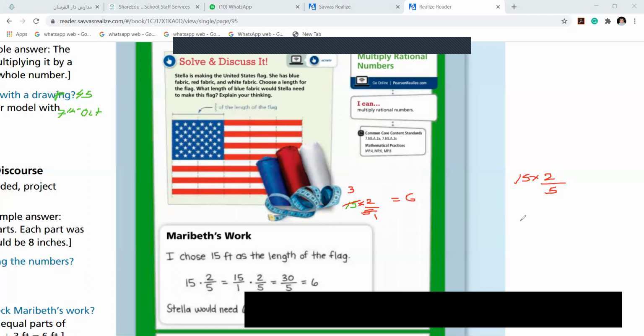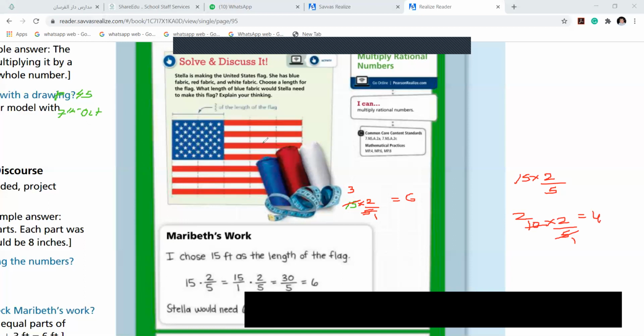Maybe I can even imagine 10. If my total I took as 10 feet, then 2/5 of 10 means multiply. 5 times 1, 5 times 2. That is 4 feet. So my blue fabric is 4 feet.